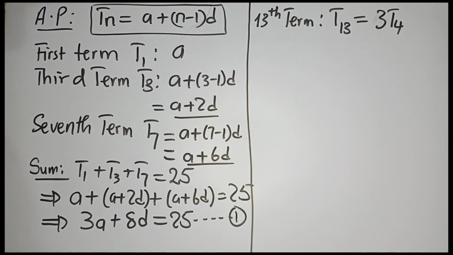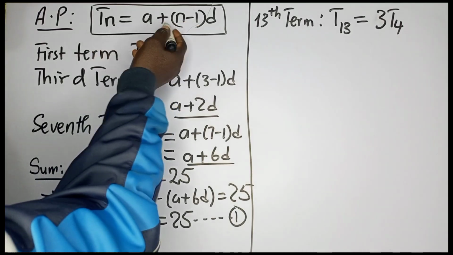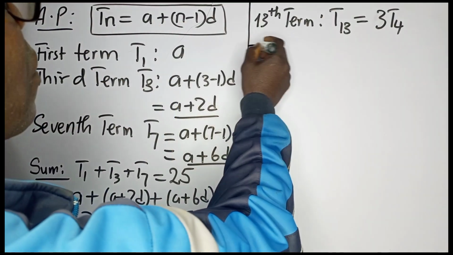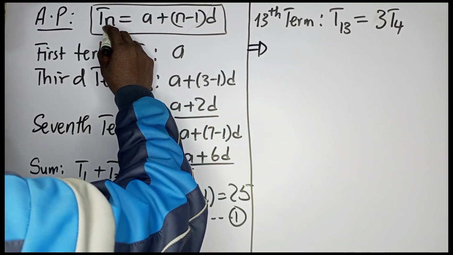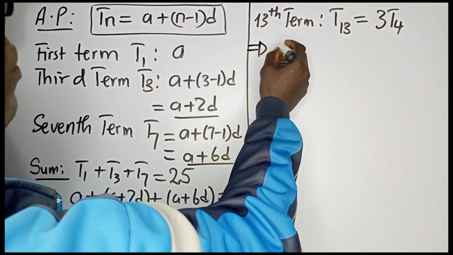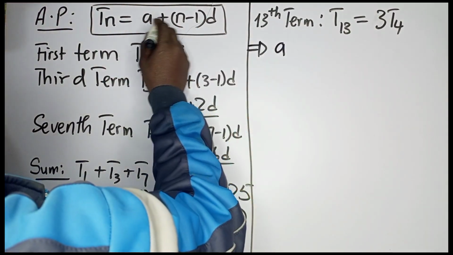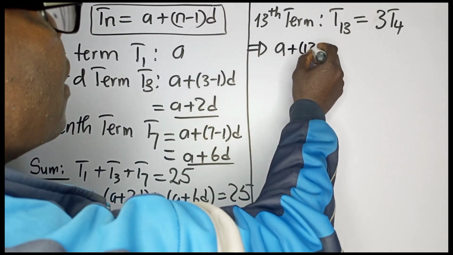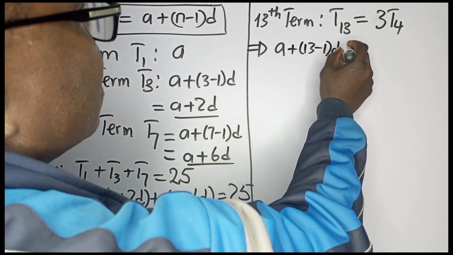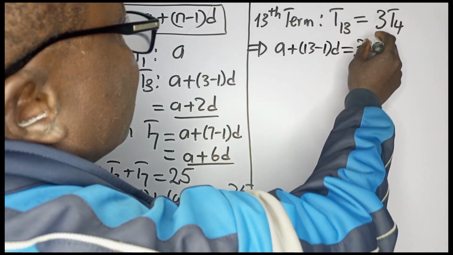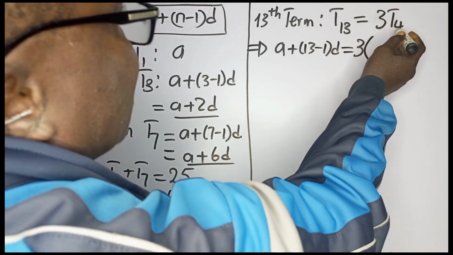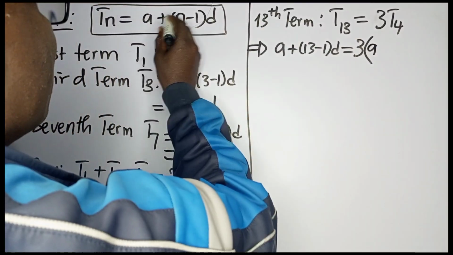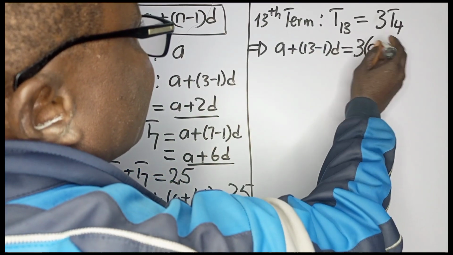So what is T13? Again, we use the expression for the general term of an arithmetic progression. Wherever we find n, we're going to put 13. So we're saying A plus (13 minus 1) multiplied by D is equal to 3 into T4. This time around n is 4, so we have A plus (4 minus 1)D.